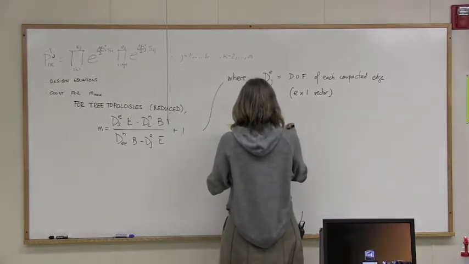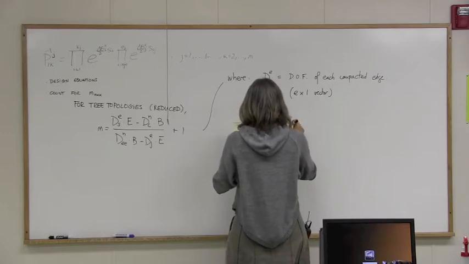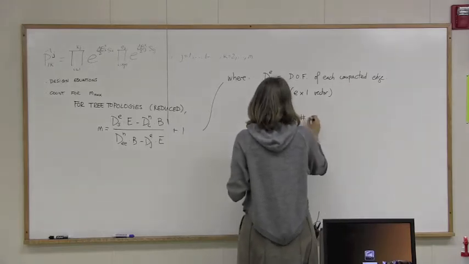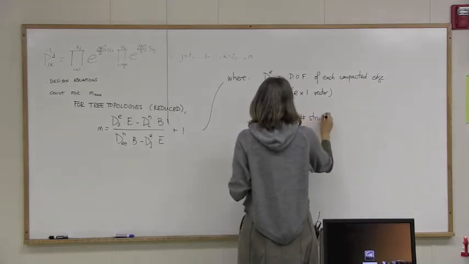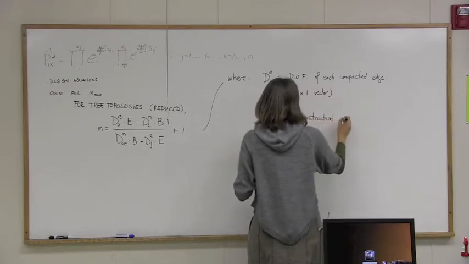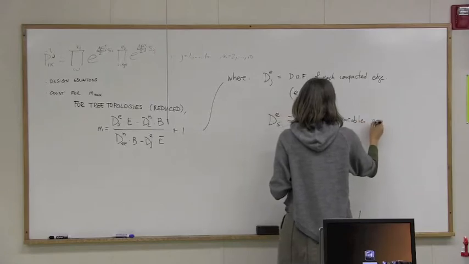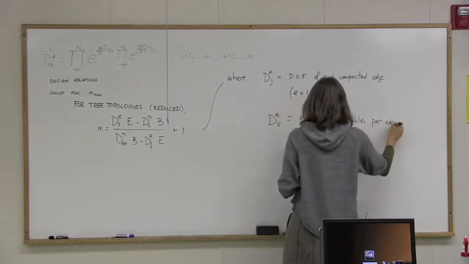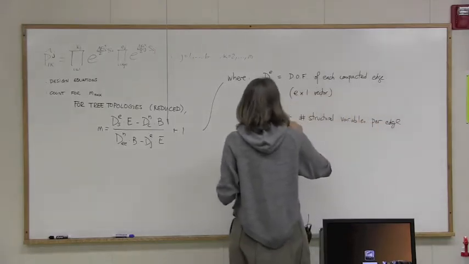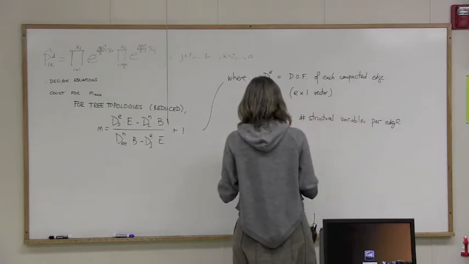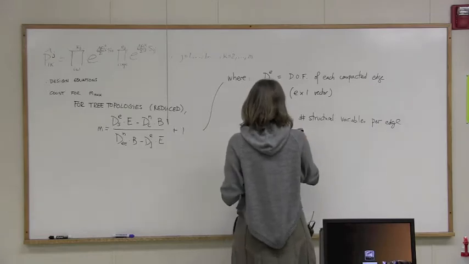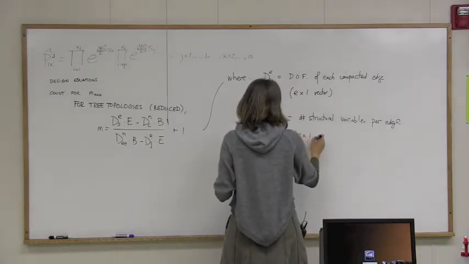And then we have the d_E^S, which is equal to the number of structural parameters per edge, each of the entries. So this again is an E times 1 vector.